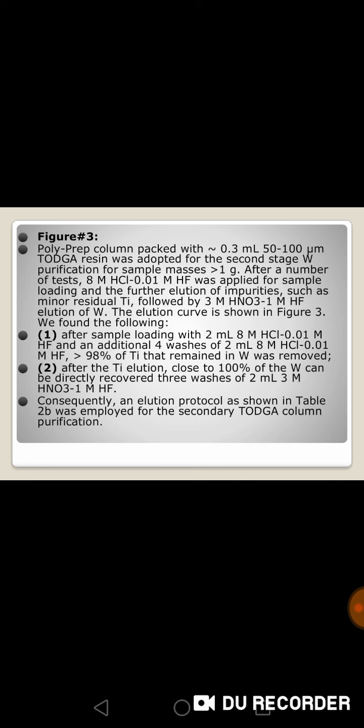After the titanium elution, close to 100% of the tungsten can be directly recovered in 3 washes using 2 ml of 3 molar HNO3 and 1 molar HF solution. Consequently, the elution protocol shown in the table, as we have discussed previously, is employed for the secondary TODGA column purification.